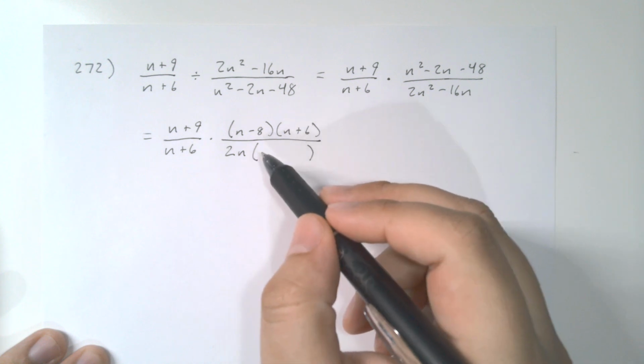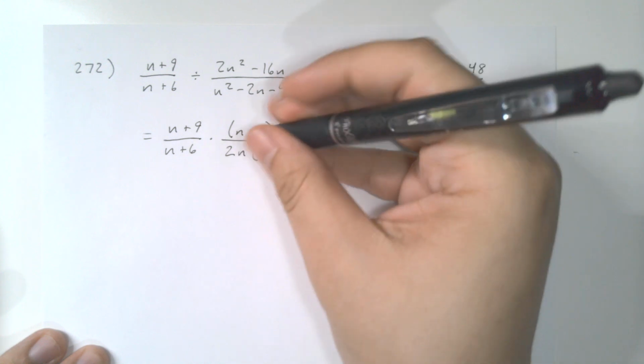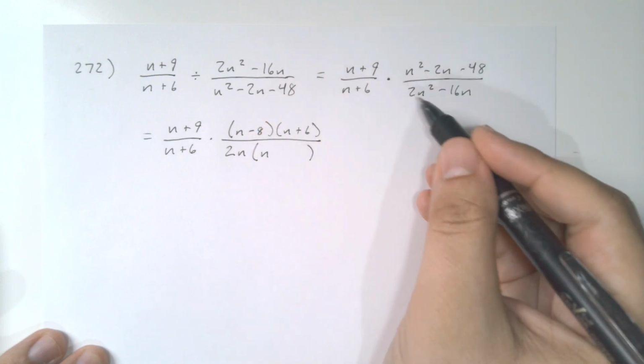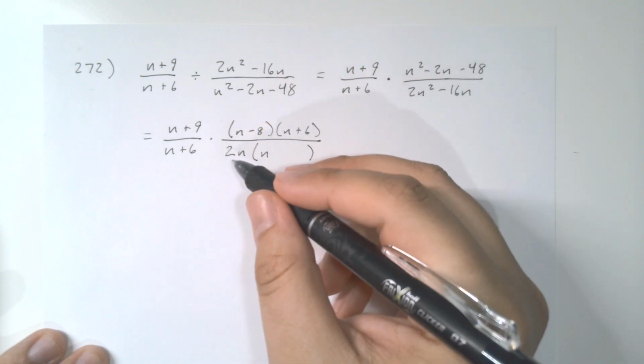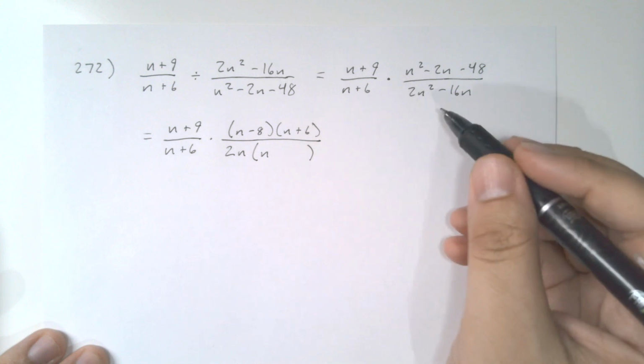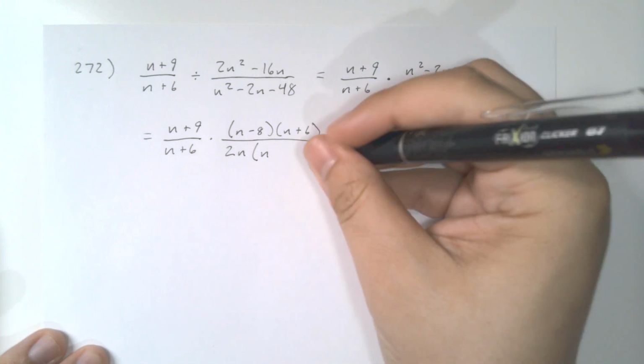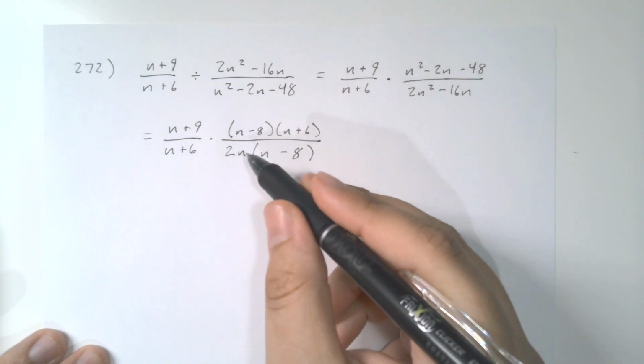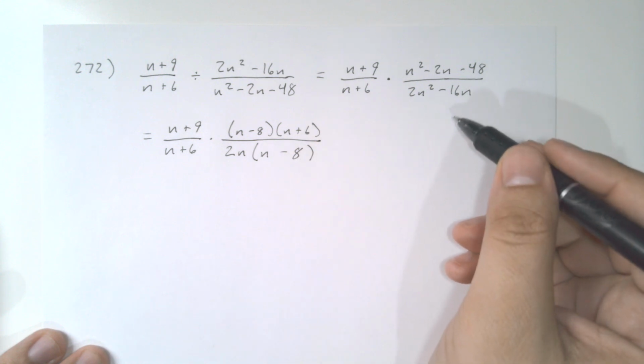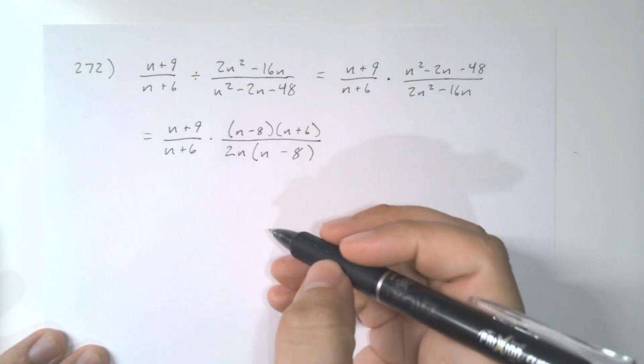And so 2n times what gives us 2n squared? Well, 2n times n gives us 2n squared. And then we ask ourselves, what is 2n times what gives us negative 16n? That would be negative 8, because 2n times negative 8 is negative 16n.